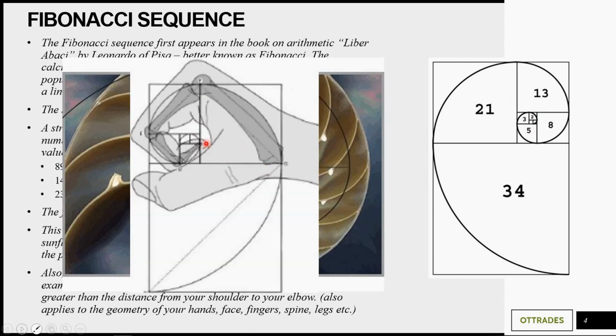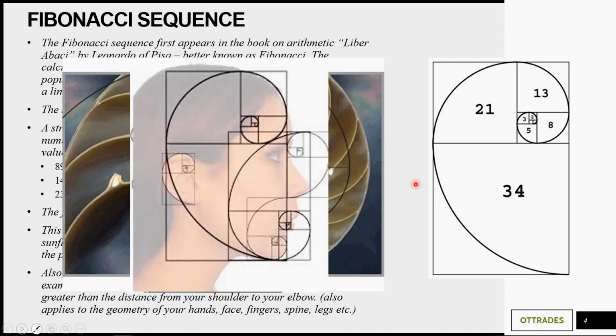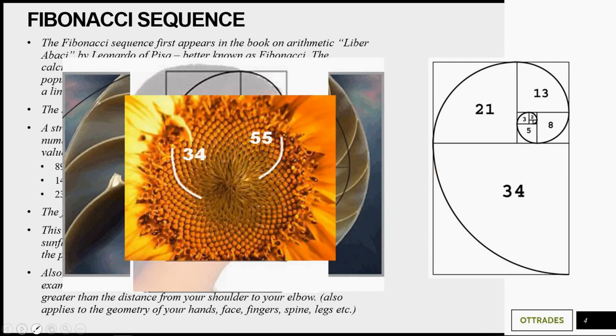Like I said earlier about the human anatomy, you could apply this to the human hand, whereby obviously the bones in your hand get bigger by the given ratio, that 1.618. And then you can apply it to the face as well. Matches perfectly to the ear, the structure of the face, different parts, whatever. And then, like I said earlier, the sunflower florets here. So just some examples there of how it occurs in nature.